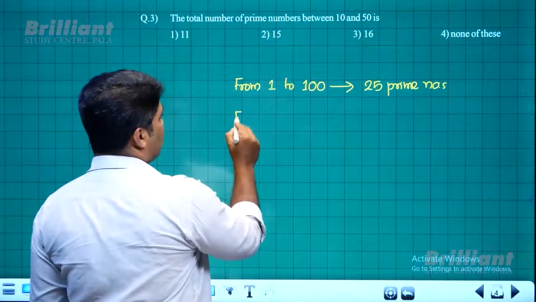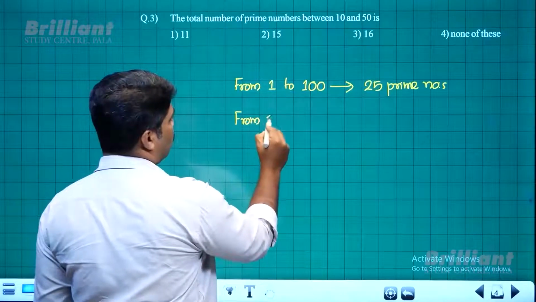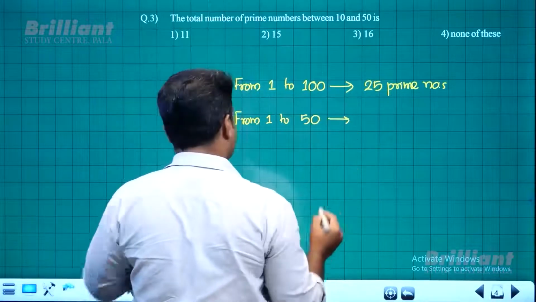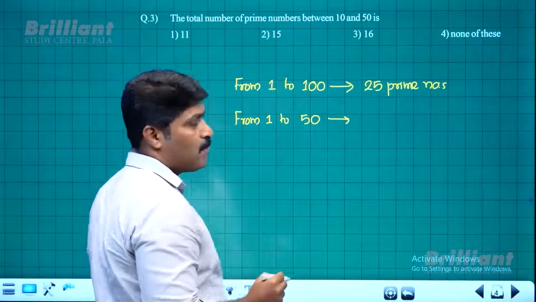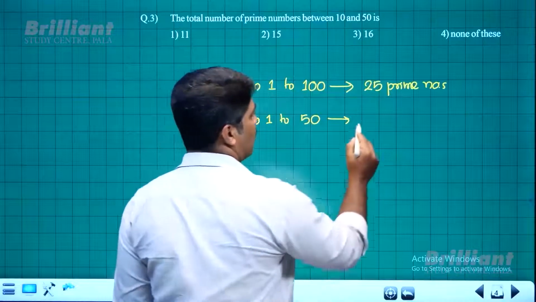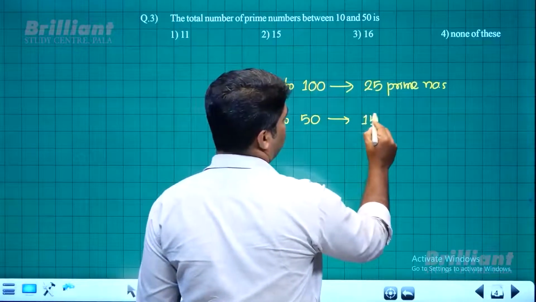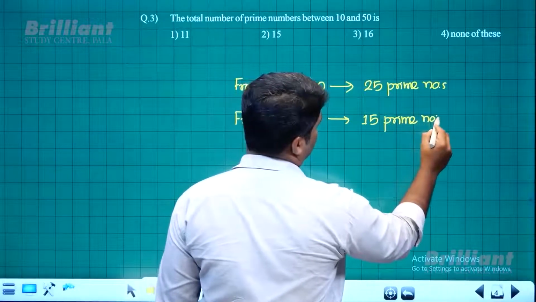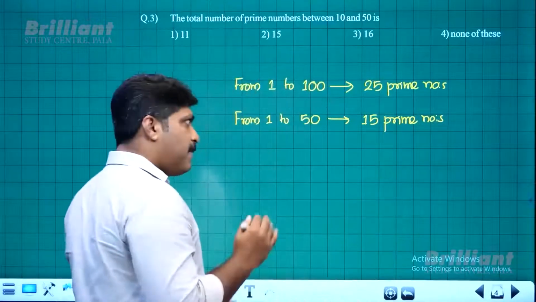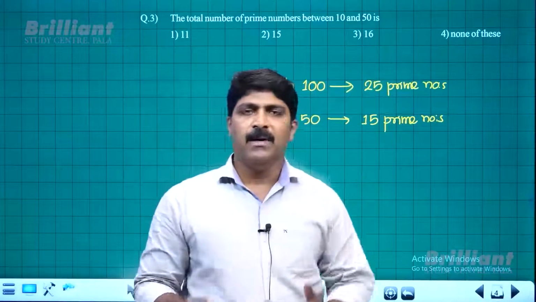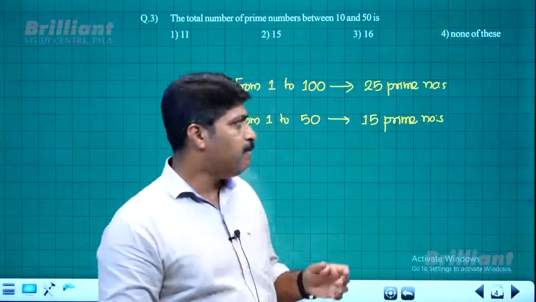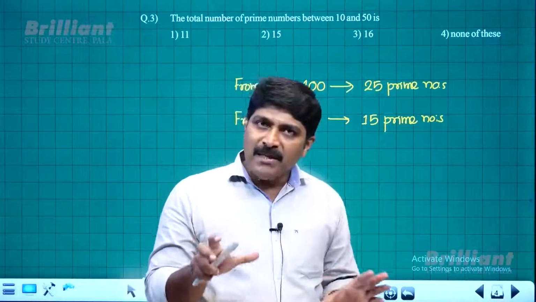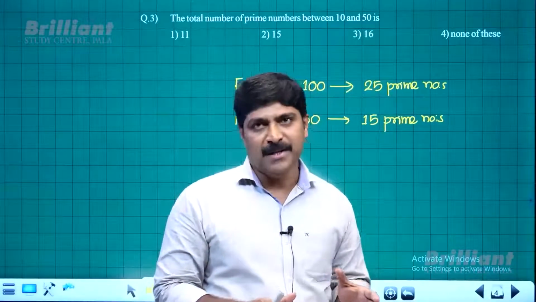And out of this, if you are considering the range from 1 to 50, so in the first 50 natural numbers, how many prime numbers are there? There are 15 prime numbers. That's also a very important understanding. So obviously the remaining 10 prime numbers should be greater than 50 but less than 100. These are all basic distribution you have to learn by heart.